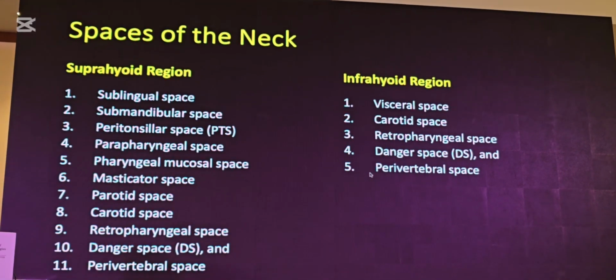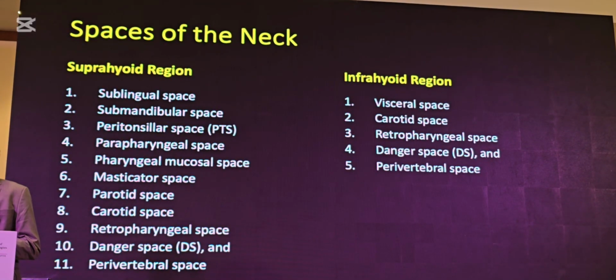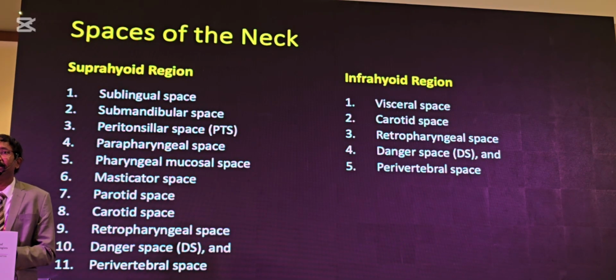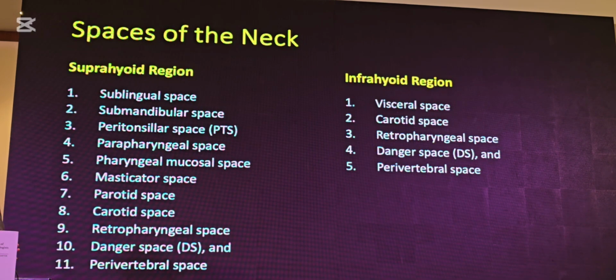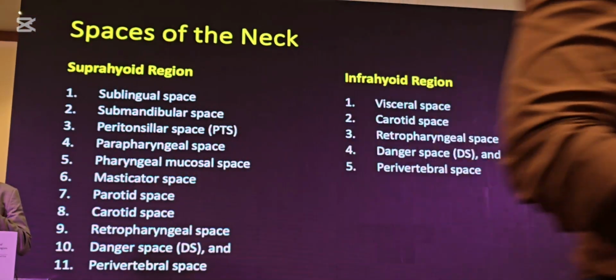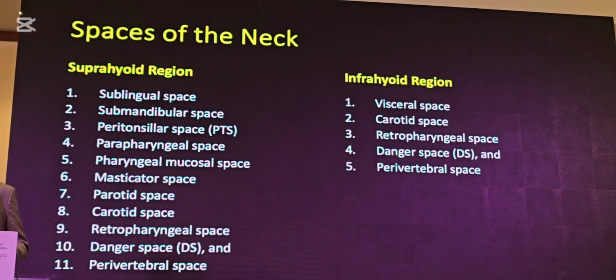Okay, this is another most important slide which we will be looking at when you read a CT scan. Broadly we classify as suprahyoid and infrahyoid. We see CT neck in 90% in axial view, and only then will we switch over to other views, sagittal, coronal, etc. We stop at the level of the hyoid, go up and down again and again, and then we go infrahyoid and look for anomalies.